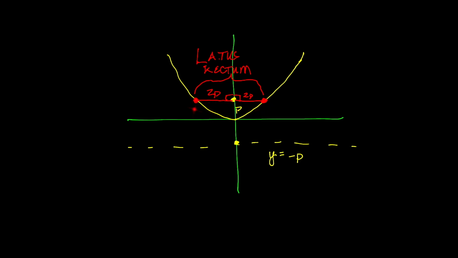Now another interesting thing is that if I draw a perpendicular from here to here, that also has the distance of P. Naturally, because this is P. And it's also P down to the directrix. So kind of an interesting thing that this is 2P and this is P.